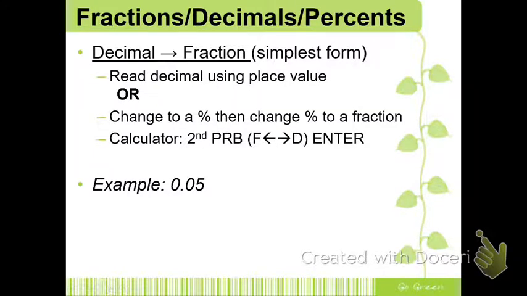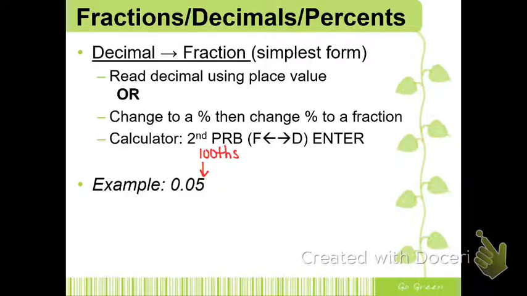To go from a decimal to a fraction, you'll want to read the number with correct place value. So in this example, 0.05, this 5 is in the 100ths place.